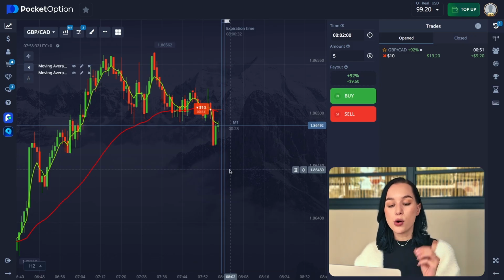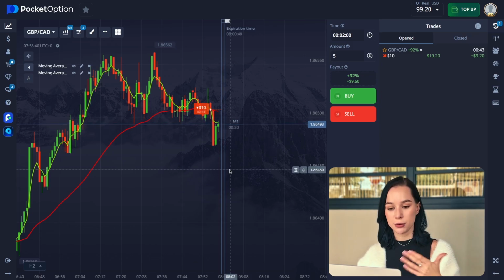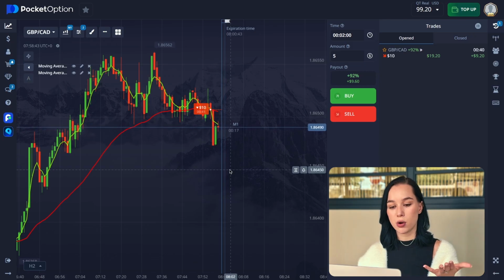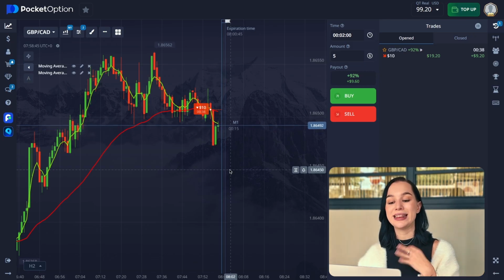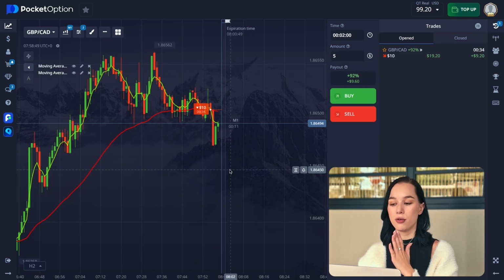Third of all, focus on consistency, not turnover. Don't try to complete the 2.5K turnover as fast as possible. As I told you before, aim for a small, stable daily gain, for example, plus 2 to 5% of balance.